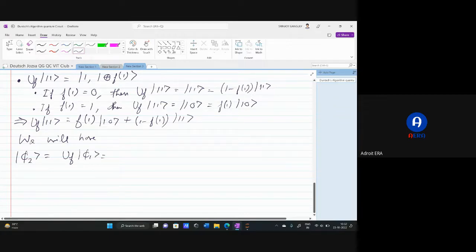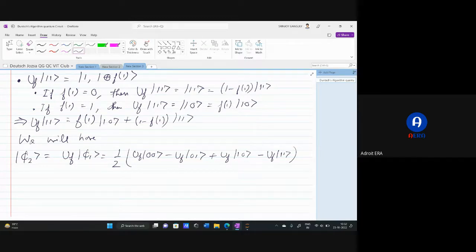Basically half of Uf applied to ket 0 0 minus Uf applied to ket 0 1 plus Uf applied to ket 1 0 minus Uf applied to ket 1 1. So Uf is applied to all the states simultaneously because of the superposition. This is what I was meaning.